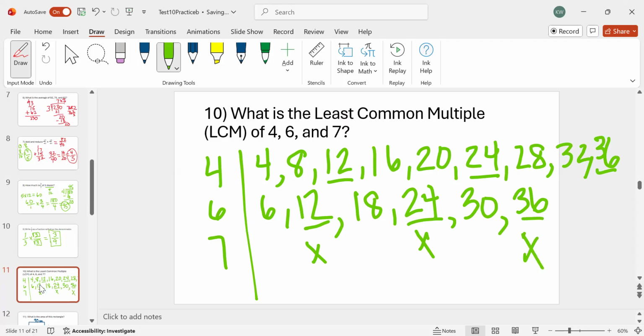So let's keep going. 4 times 10 is 40. 4 times 11 is 44. I'm trying to find one where it's got 7 in it. 4 times 12 is 48.